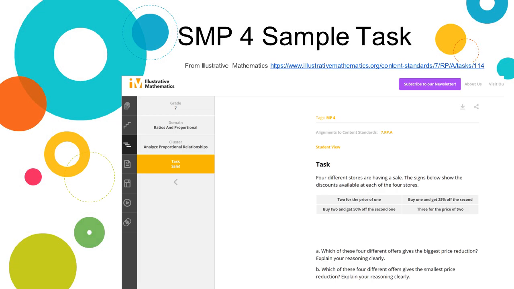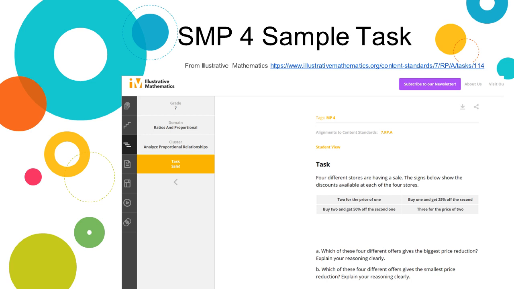Another task that I chose from the Illustrative Mathematics website is this one that you see on the screen. It's for 7th grade. In order to model with mathematics, students need to make simplifying assumptions about a context. It is important for students to have opportunities to do this in very familiar contexts before they're asked to do a more complex task of making those assumptions for unfamiliar or scientifically complex contexts, as they will be asked to do in high school.